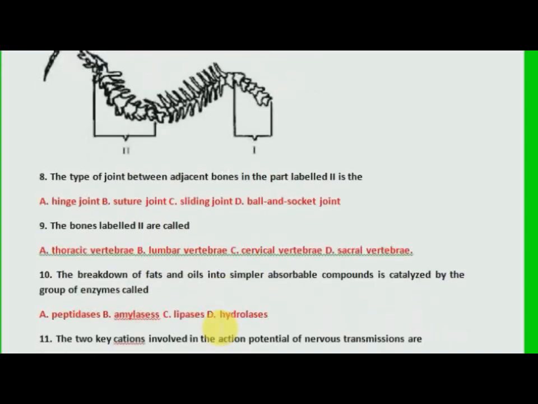All right. The breakdown of fats and oils into simpler absorbable compounds is catalyzed by the group of enzymes called what? Lipases. Hydrolysis simply means they break water bonds, and peptidases means they break peptide bonds. Amylases means they break bonds in carbohydrates, glycosidic bonds.